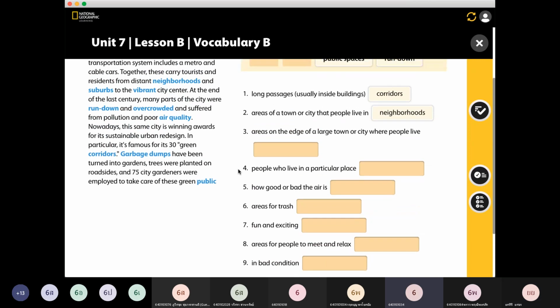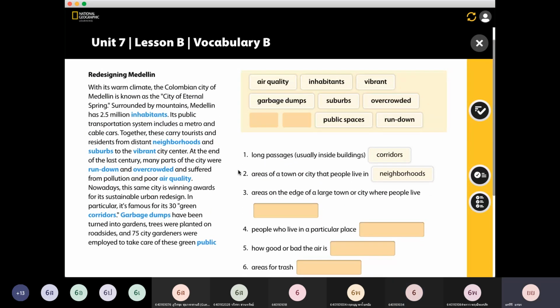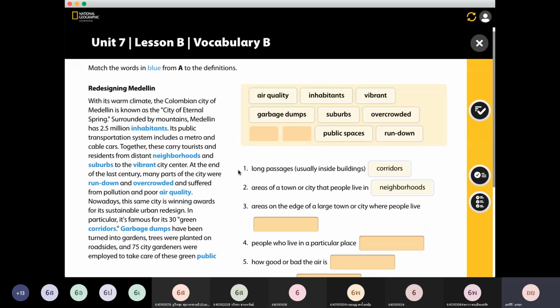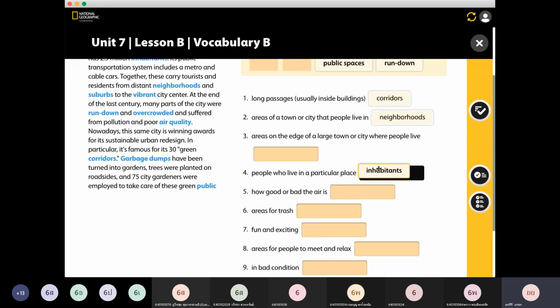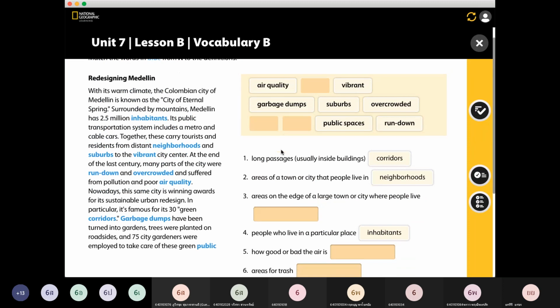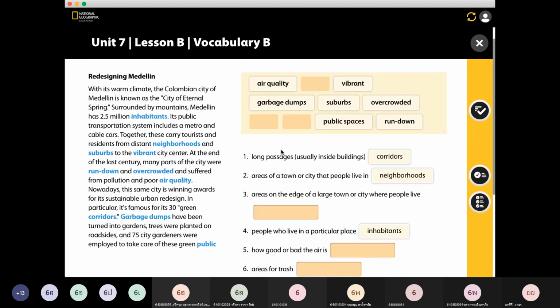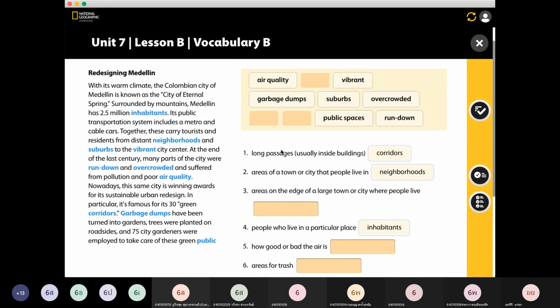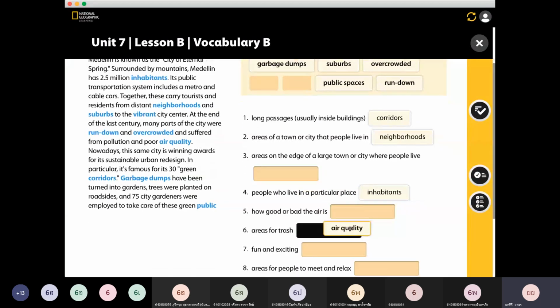Number 4, inhabitants. Okay, people who live in a particular place. So you say inhabitants. Number 5, air quality. Okay, how good or bad the air is. So it's air quality.